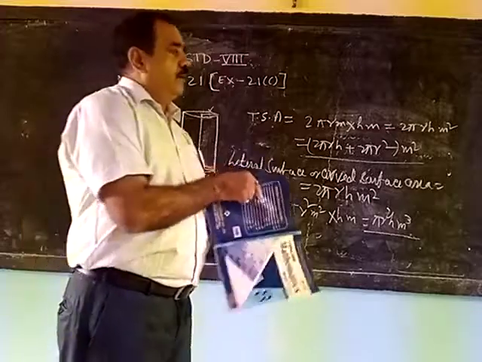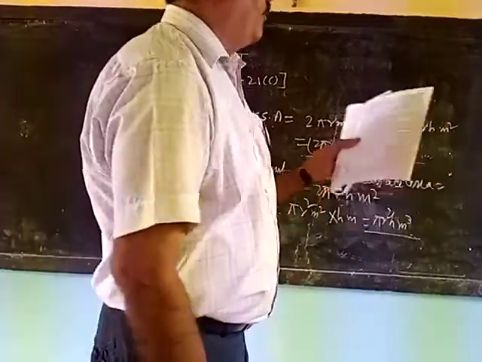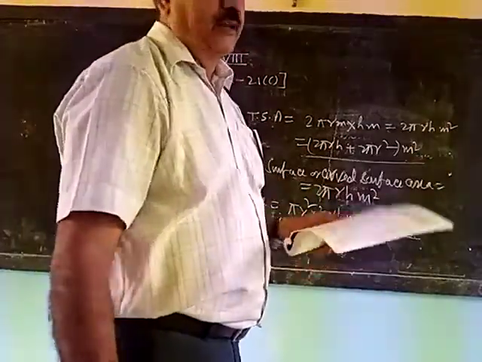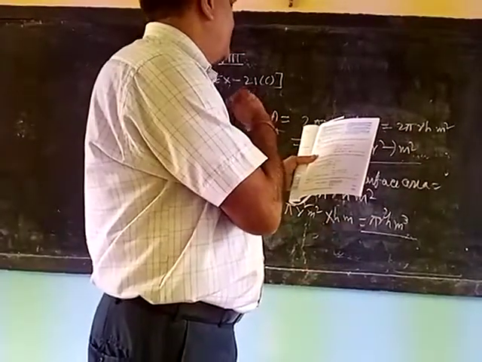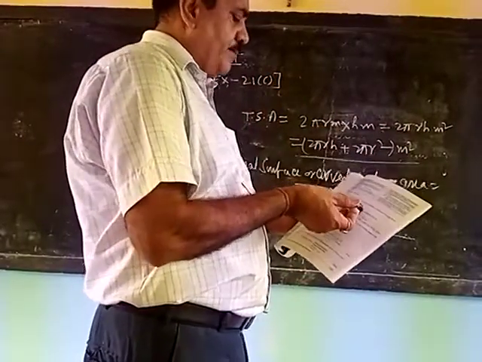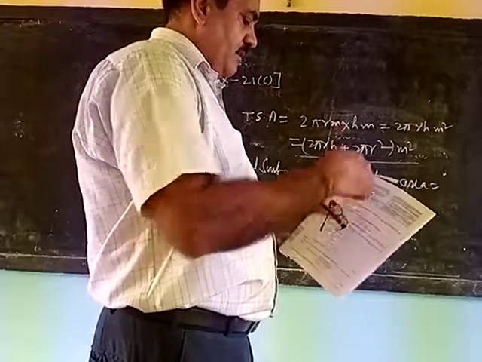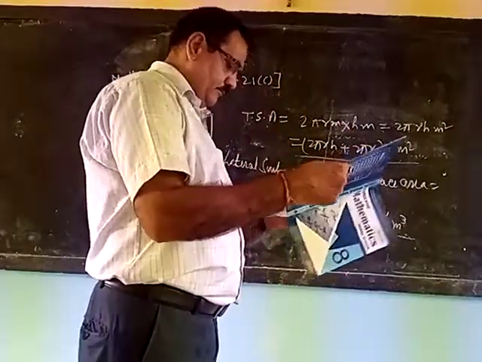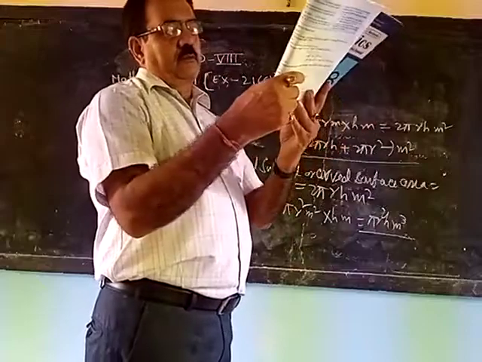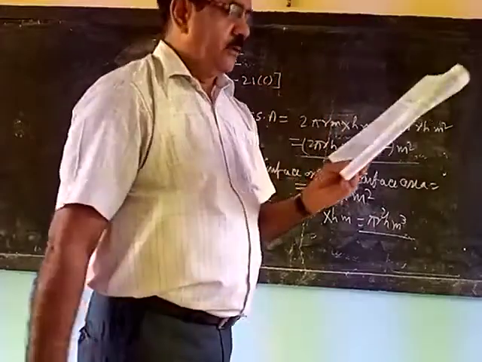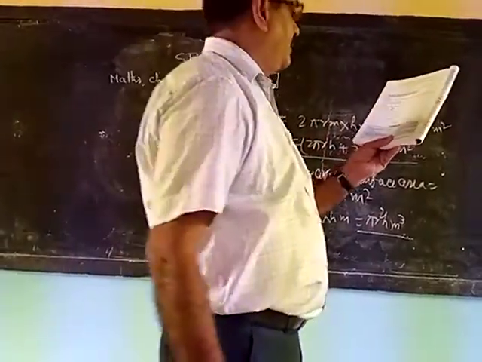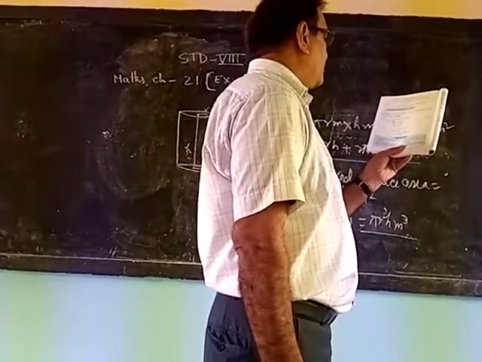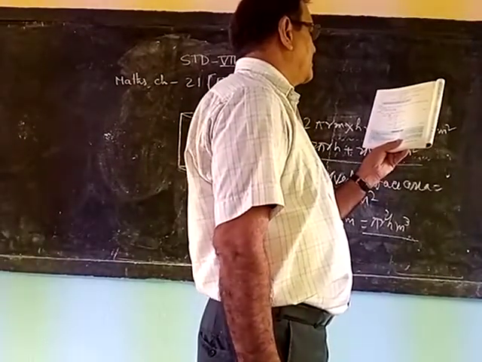Now see one question, how you will solve it by using these formulas based on the cylinder. Question number 4. The curved surface area of a cylinder of height 14 cm is 88 cm square.